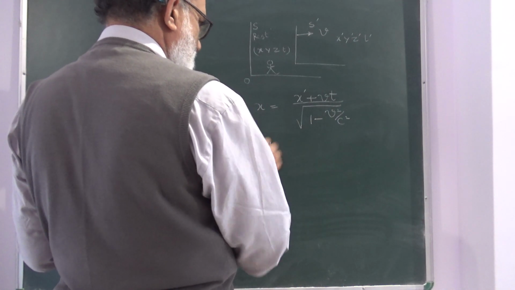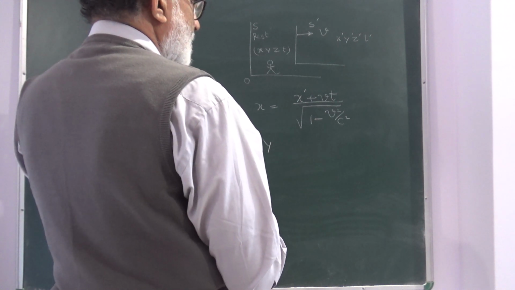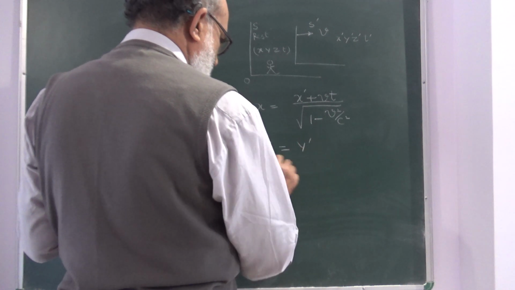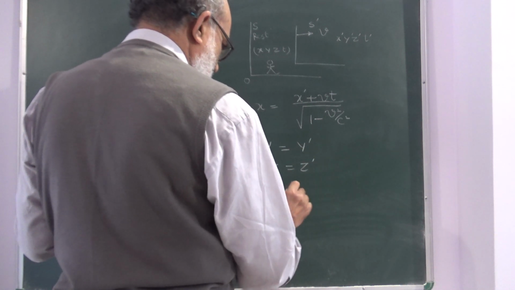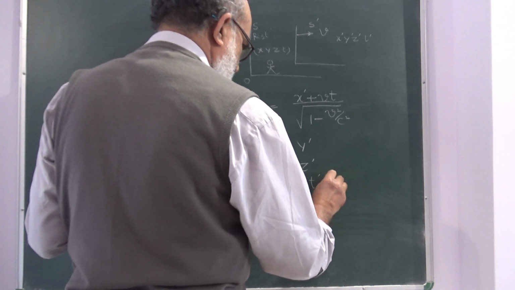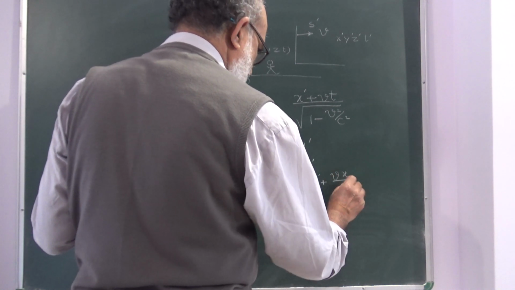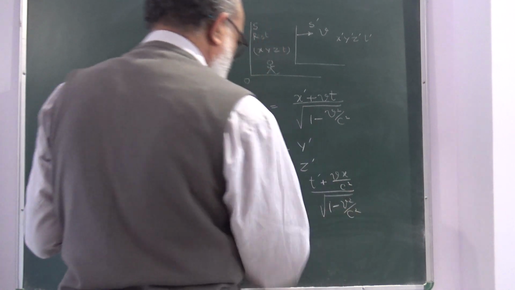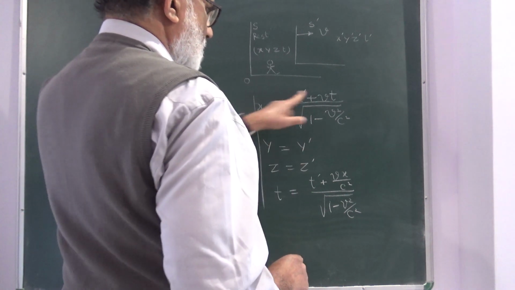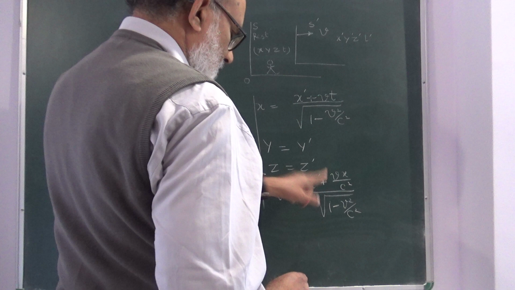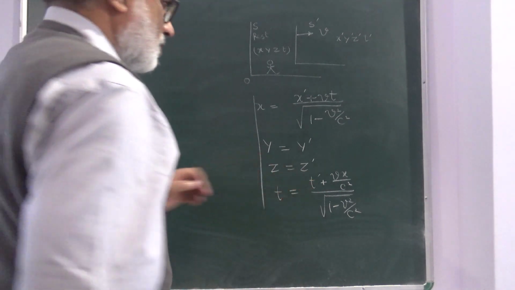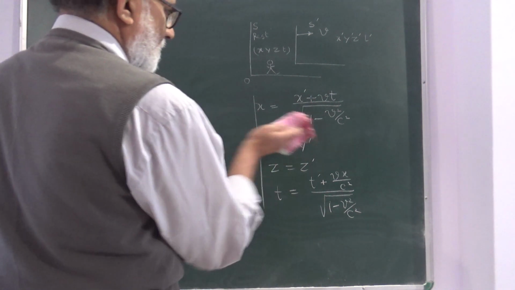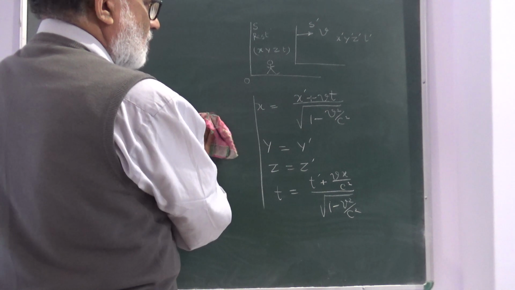So y dash is equal to y, z dash is equal to z, and t is equal to (t dash plus v x dash by c square) divided by the square root of 1 minus v square by c square. Or in the inverse transformation, x dash has a minus sign, t dash becomes t, and here it will be minus. This we have already worked out, so we are just recalling what we have done.